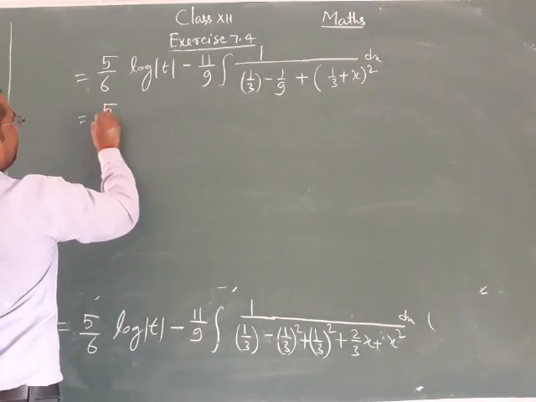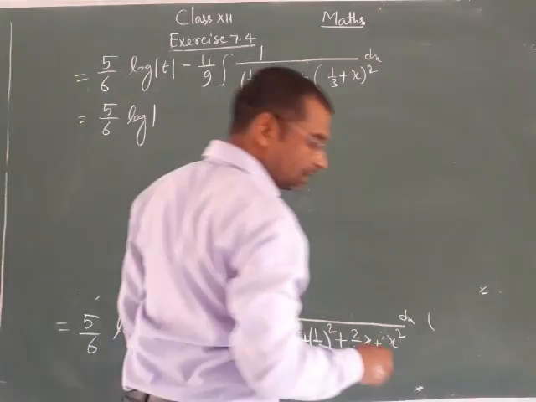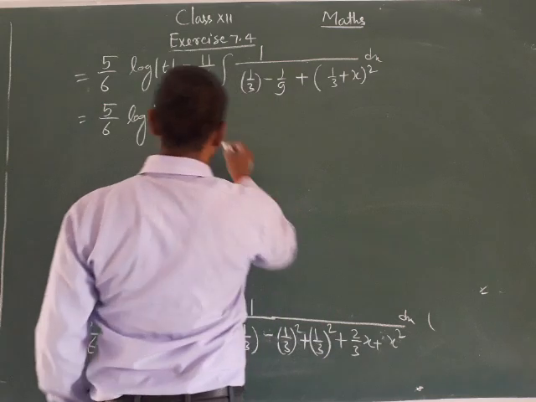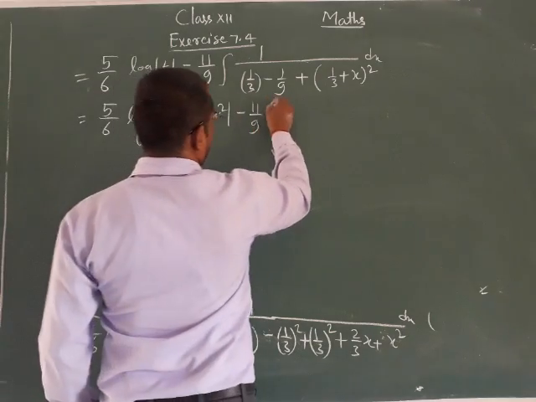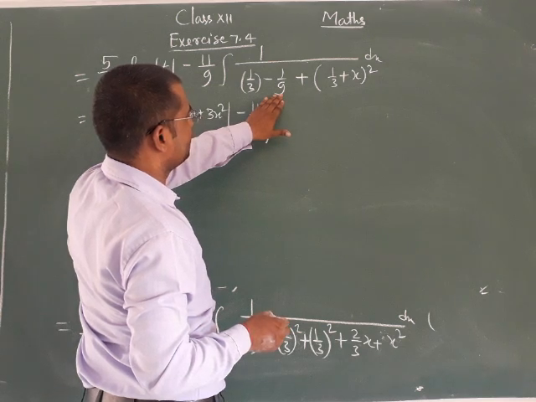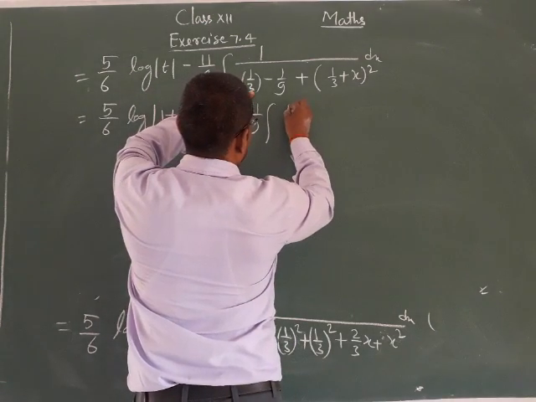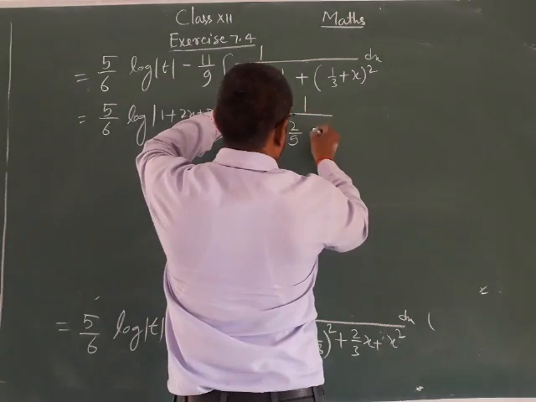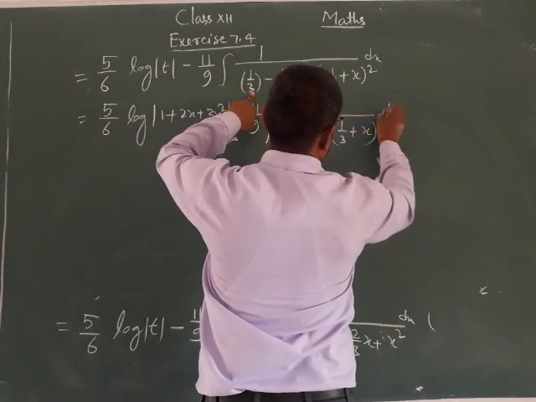And 5/6 log t. So t is 1 plus 2x plus 3x square and 11 upon 9, and so 1 by 3 and 1 by 9, so 3 minus 1, so 2 upon 9, plus 1 upon 3 plus x whole square dx.